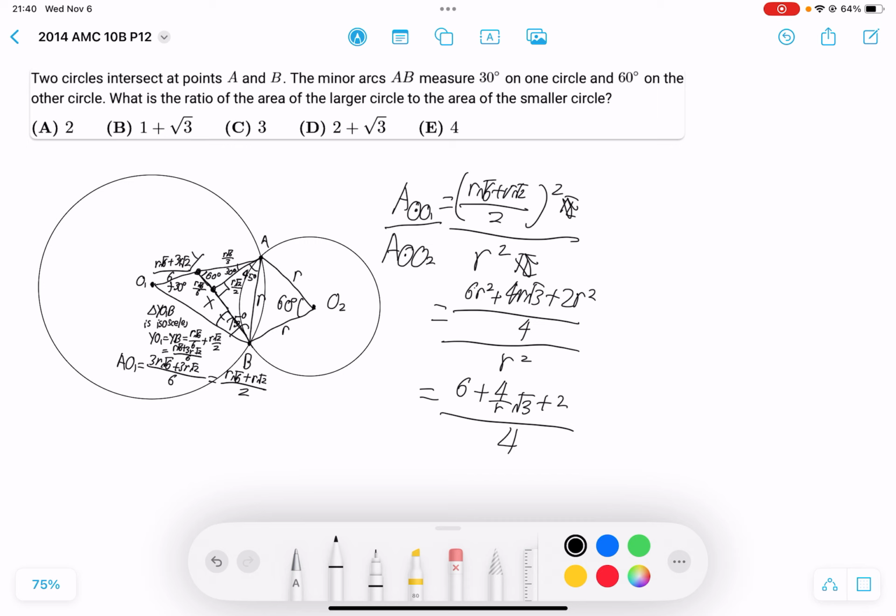If we actually try to simplify this, this part is not just 4R, it's 4R squared. So this is going to be 4 root 3. So after actually simplifying this, we have 2 plus root 3 as our answer.